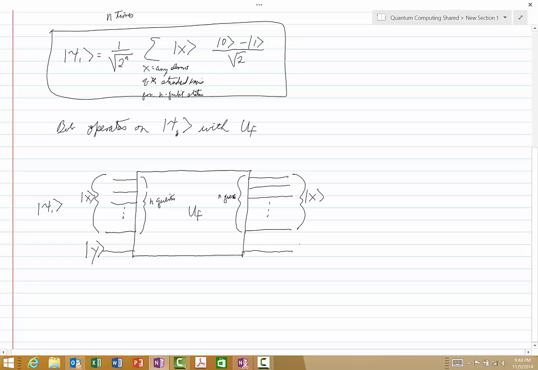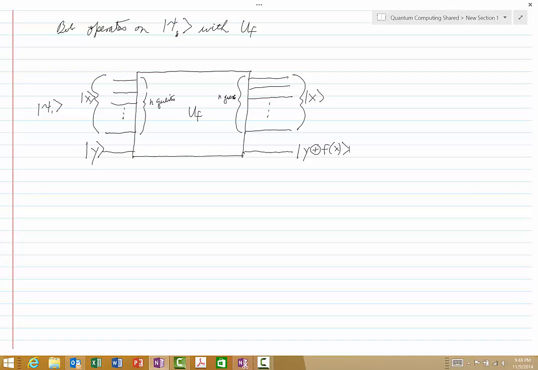And then we know that what we'll have down here is y exclusive or f of x. And again, to make sure, x is the first part, the first n qubits, y is the last qubit, which is a superposition of 0 and 1. And this is what our output will be.